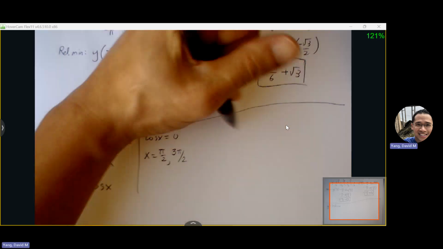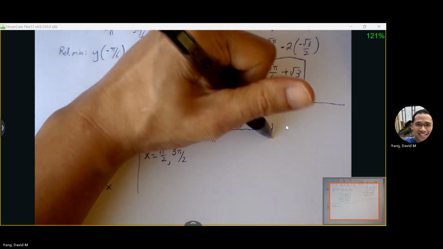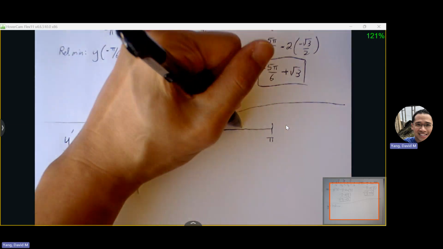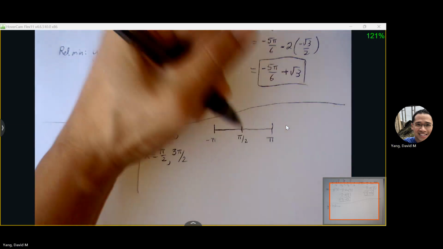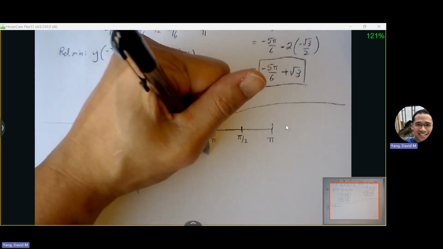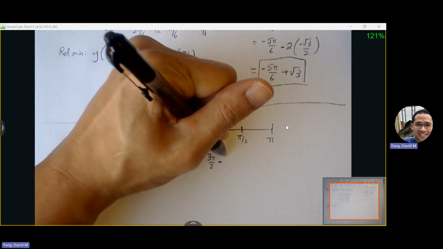But again, our interval is from negative pi to pi. Pi over 2 is fine. But 3 pi over 2 is outside the interval, so we can always see if we can find something inside the interval by subtracting or adding 2 pi.